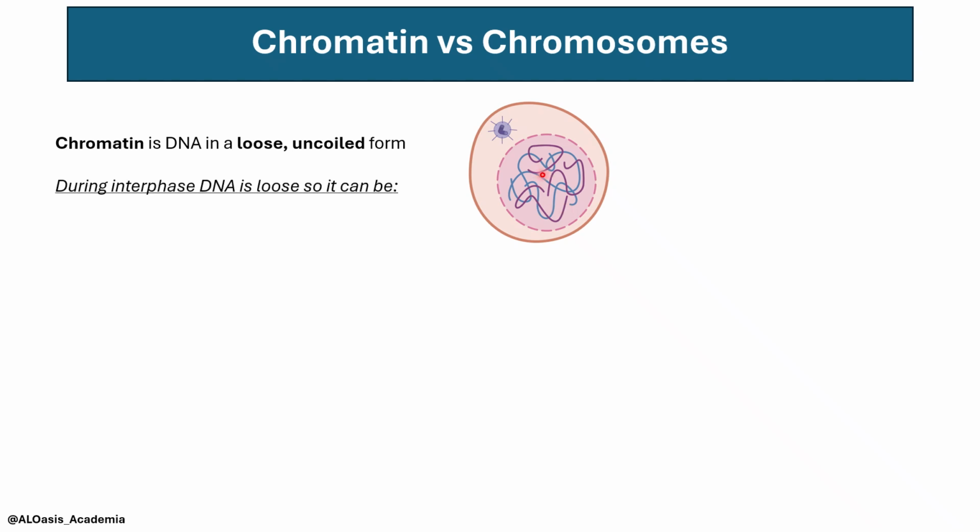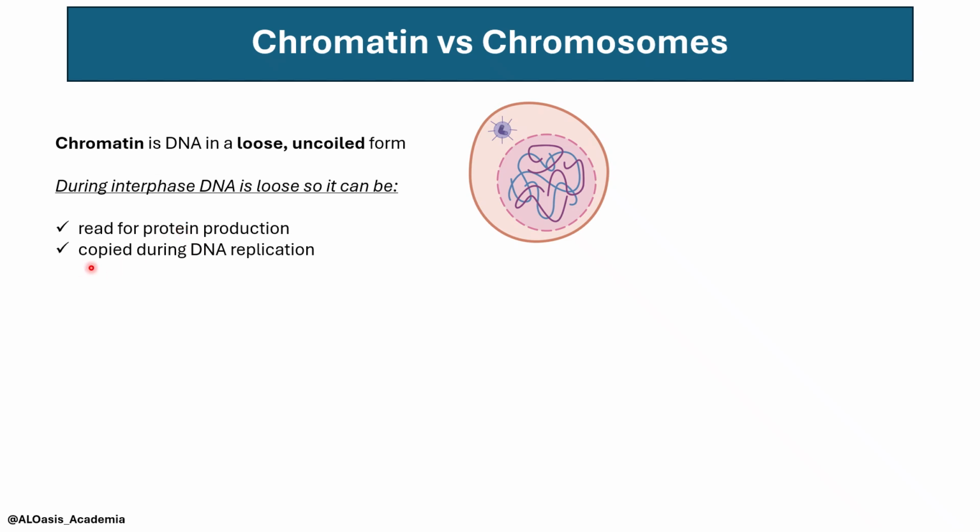What happens during interphase? The benefit of the fact that the DNA is loose is that this allows proteins in the cell to access the DNA and read it for protein production, and that's what we call transcription. We covered it in a different video.